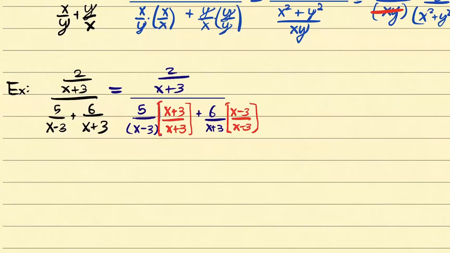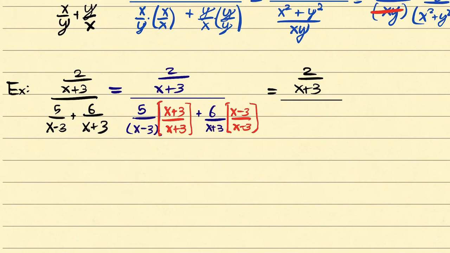In order to do that, I'm going to multiply by the missing term to make them have like denominators. So since they have like denominators now, I'm going to just add through their numerators.